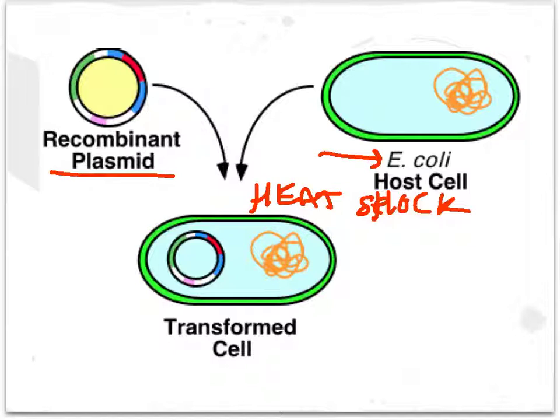What this does is create a more permeable bacterial membrane that is easy to pass through. Of course, a more permeable bacterial membrane will be easier for our recombinant plasmid to enter our cell, thus transforming it.